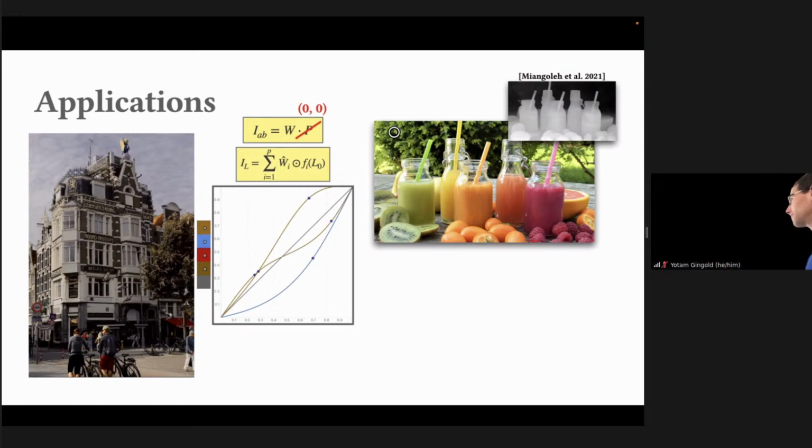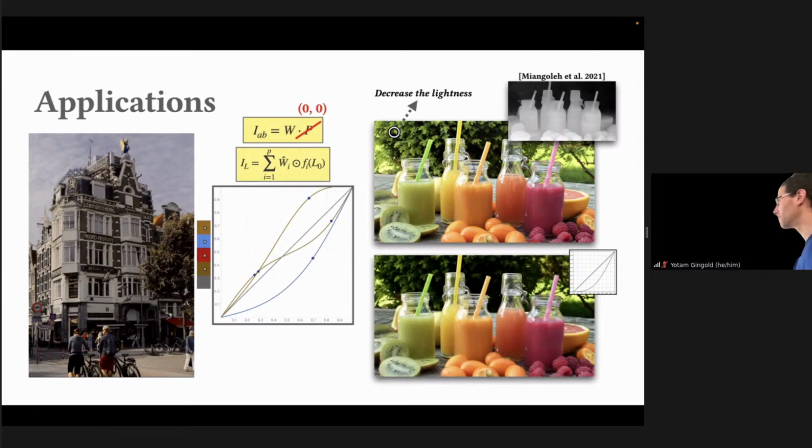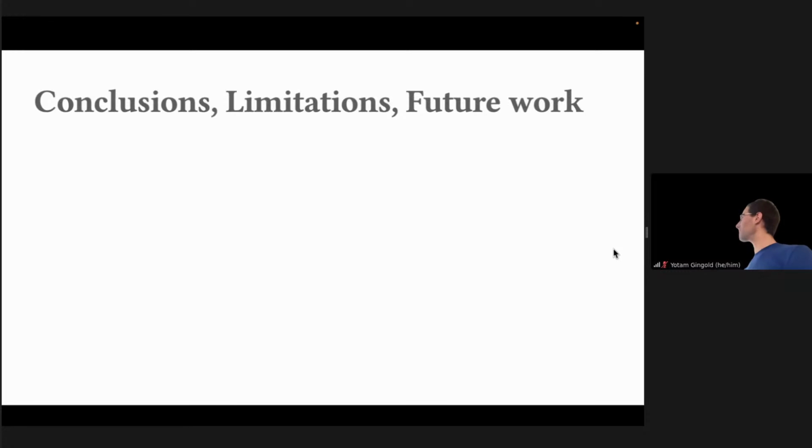And now you can edit the tonality according to depth. So the foreground stays bright and the background gets dark.